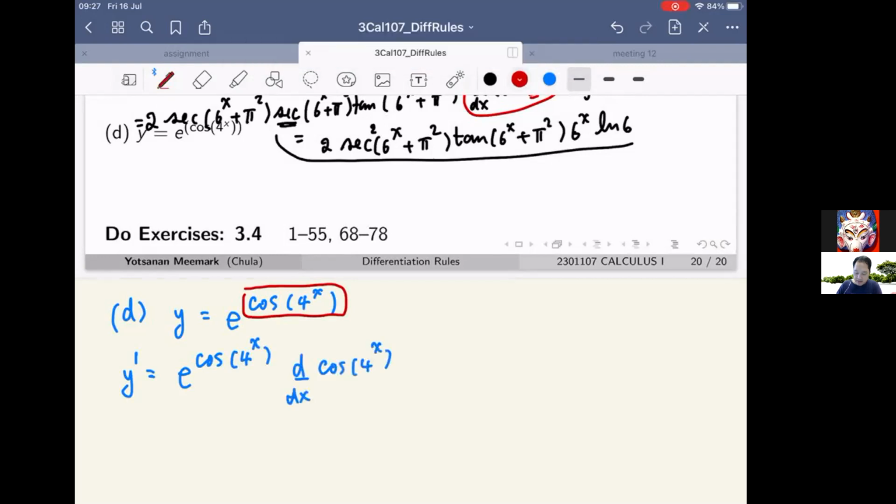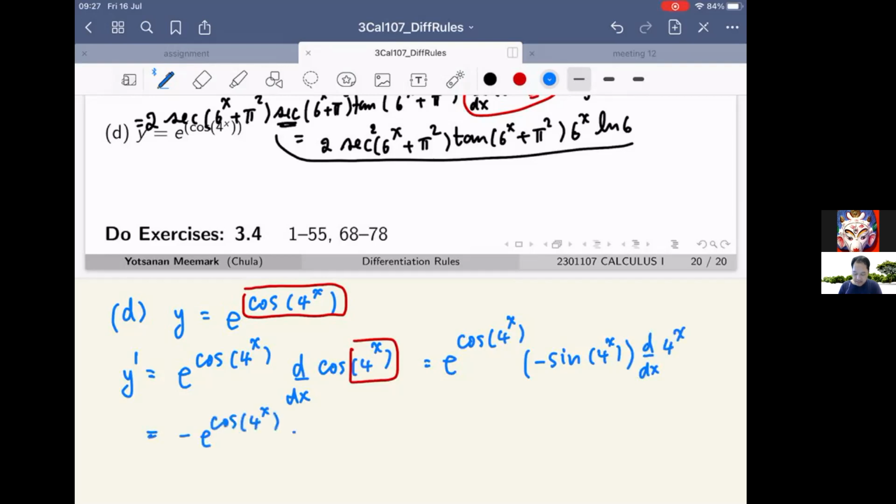Now a major function is just a cosine, so don't forget to copy the one that you already did. A derivative of cosine becomes a negative sine, and then a derivative of inside. So here you have negative e to the cosine of 4^x, sine of 4^x, and then a derivative of 4 to the x becomes 4 to the x log of 4, and then we are done because right now it's already the x. So here's the last one.